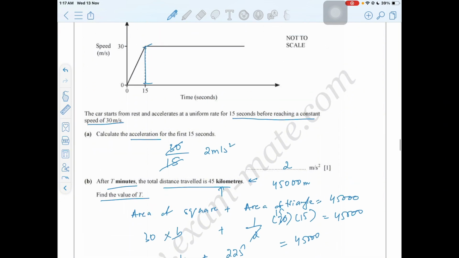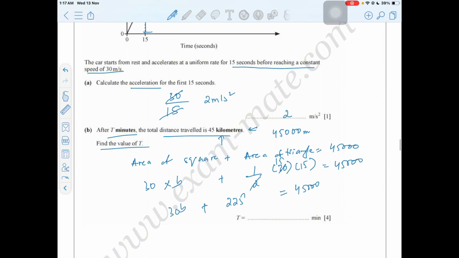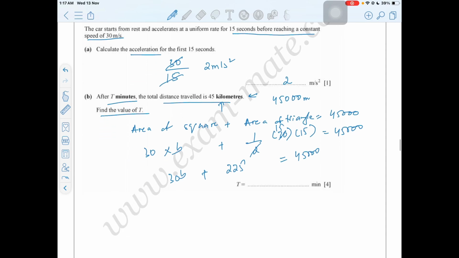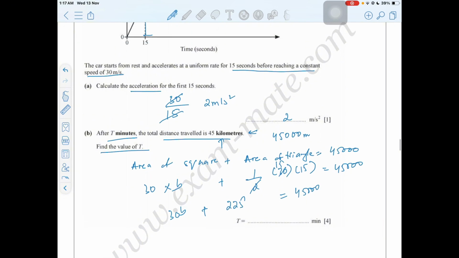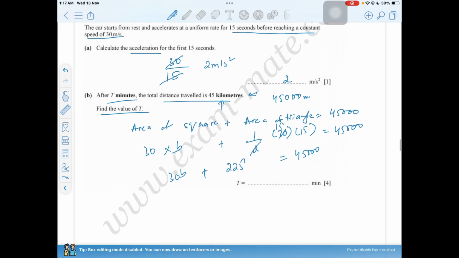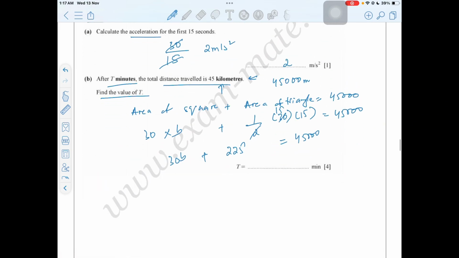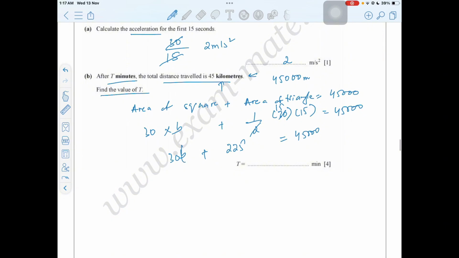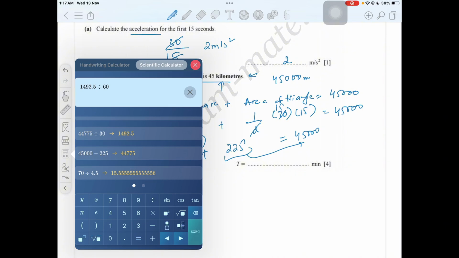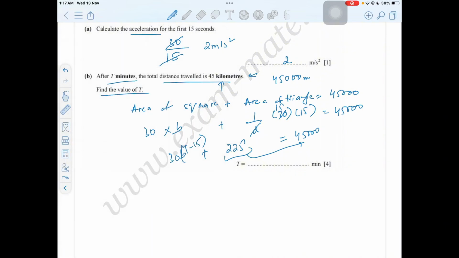Have we again made a mistake or so? After t minutes, I guess this would be t minus 15. We have this 225 and 45,000. Since we subtracted it already, we have 44,775, and this would be 30 times (t minus 15), and this would be added.